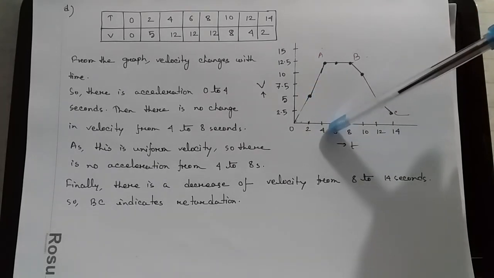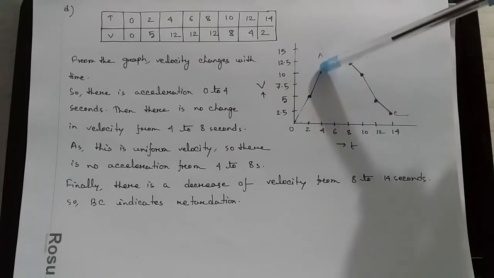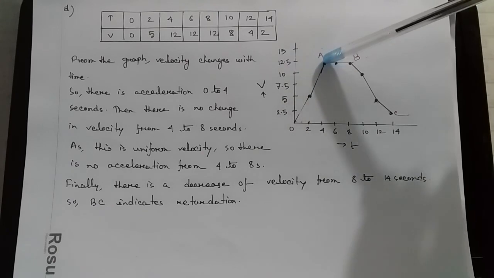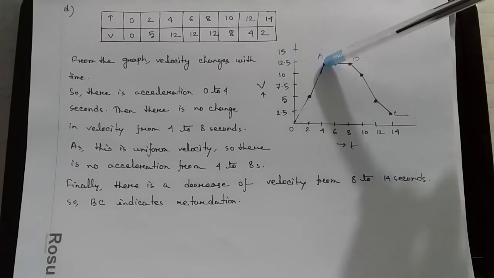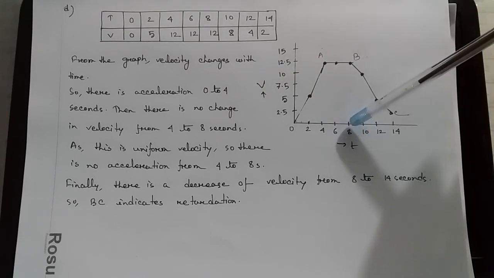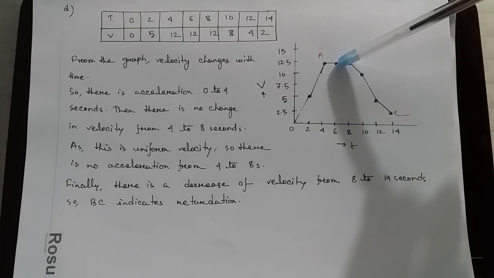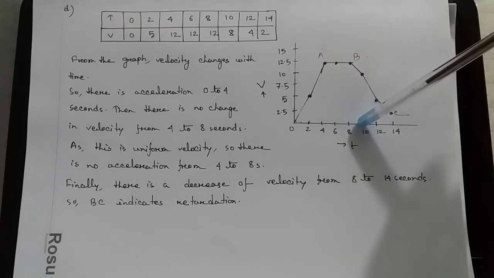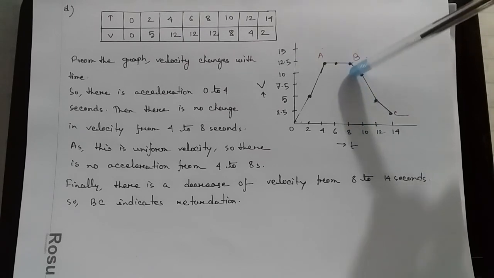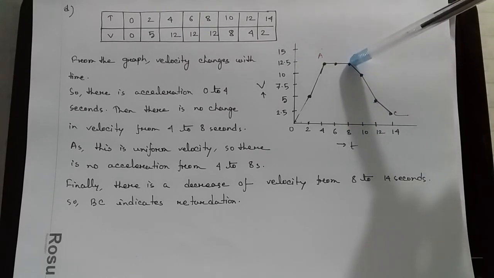For 4 seconds, the velocity is 12, a little less than 12.5, and we assume this point is 12. For 8 seconds, the velocity is the same, 12. And for 10 seconds, the velocity is again 12 meters per second.